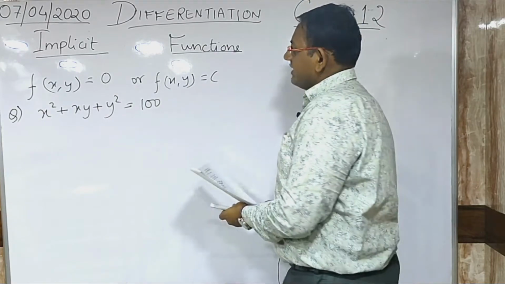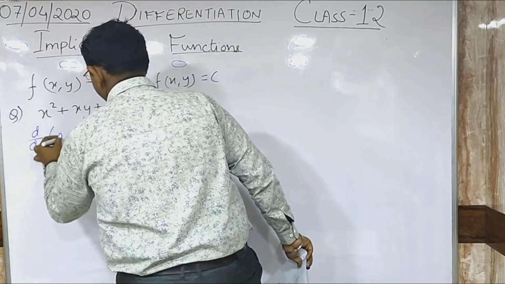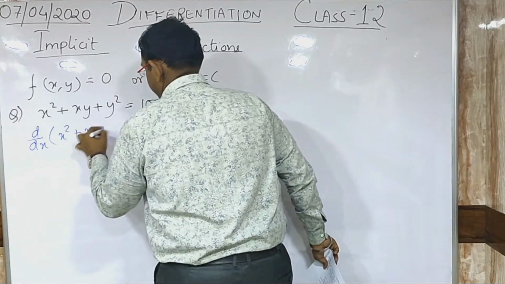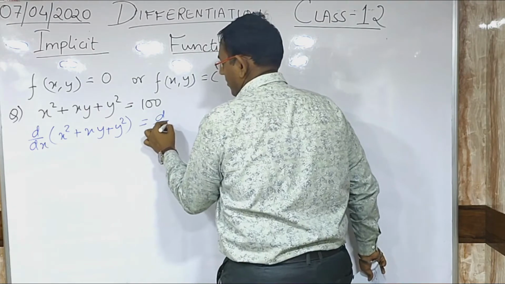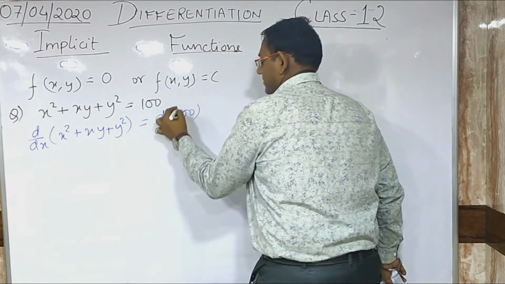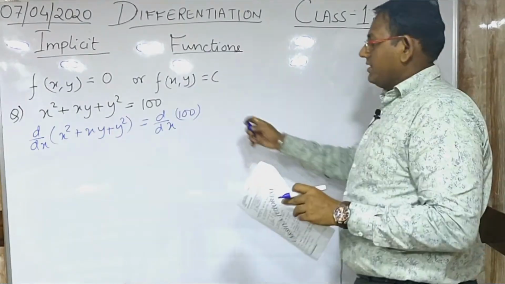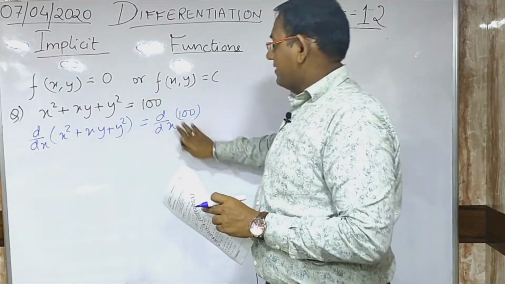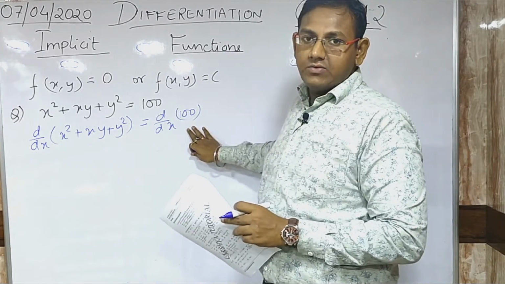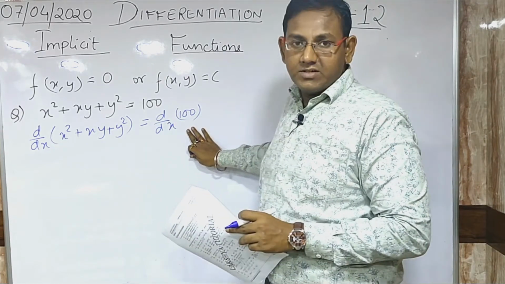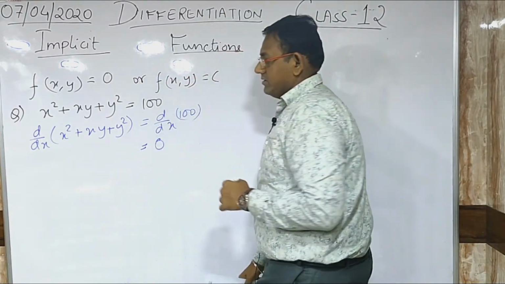Now if we differentiate the entire function directly, that means we are basically differentiating the x part and we are differentiating the y part. In the case of the right part, there is a constant value, and if you differentiate this constant value, we get 0 over here.